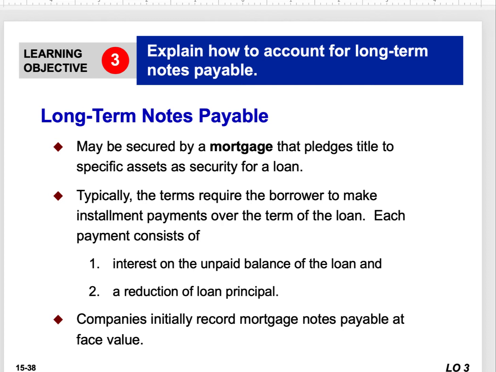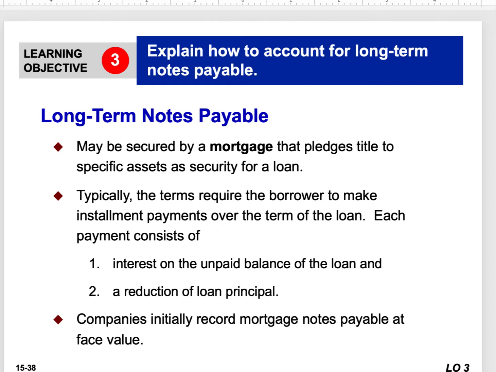So when we're looking at long-term notes payable, we're going to add something new here. Long-term notes payable can actually be secured by an asset. An example of that would be a mortgage. We sign a long-term note payable. What is securing that note? Think back to the beginning of this chapter, we talked about unsecured and secured bonds.